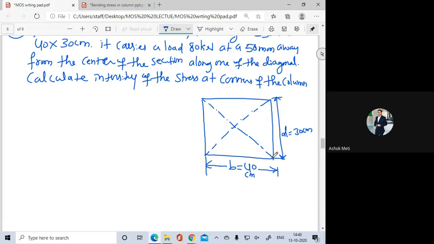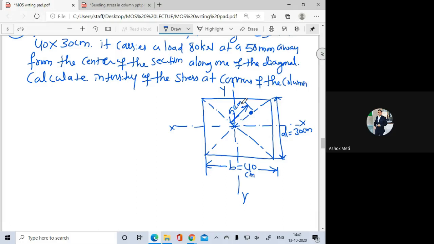Here this will be xx, and this will be yy. Here there is the diagonal distance, which is given in mm, so I am converting it into centimeter by dividing by 10. So this will become 5 centimeter.